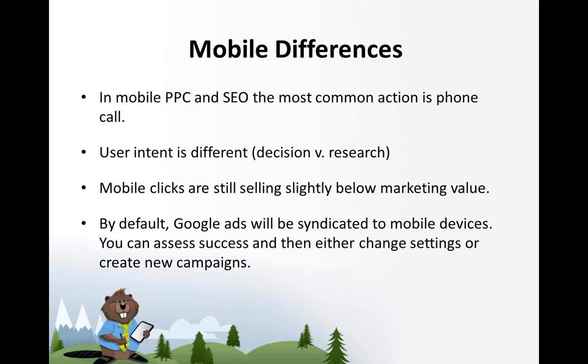So for example, if I am researching a hotel, so maybe I want to travel somewhere, I will do the research on my laptop or my desktop. I'll look at the area, I'll look at pictures of the room, I'll look at different pricing options. But when I search for it on my smartphone, I've either done all that research or I don't need to do that research. I just want to make a phone call or I want to book a room right then.